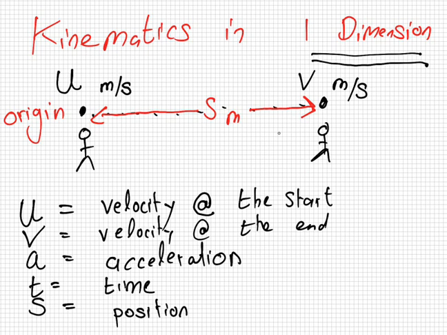So he starts with U, and he walks, and he finishes with V. He walks S meters, and it takes some time T to do this in seconds. So the unit here is meters per second. This will be meters per second squared, seconds and meters. And I'll explain this word in a minute now.